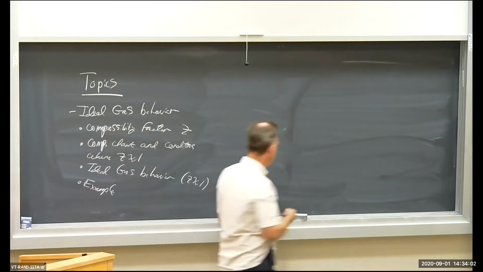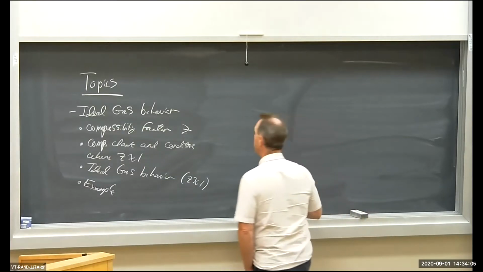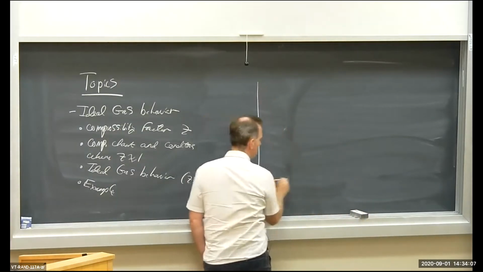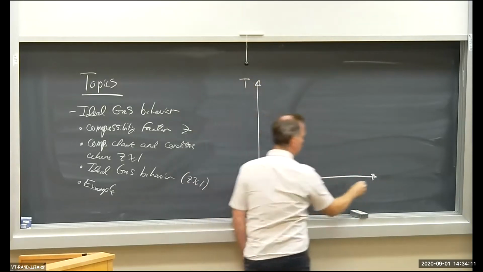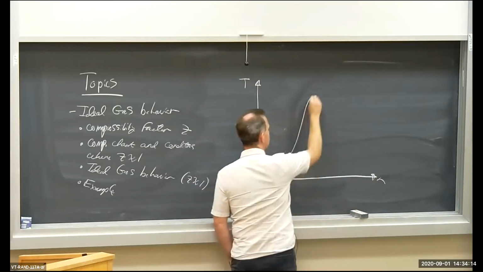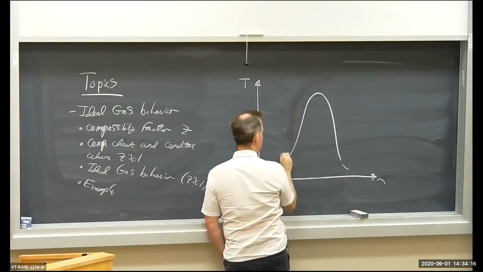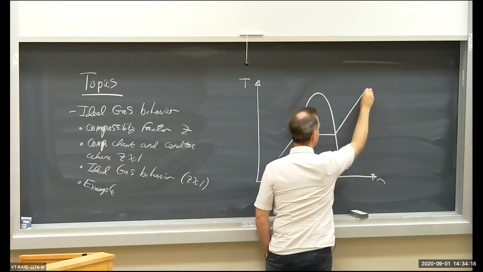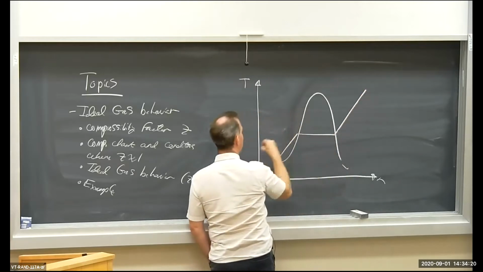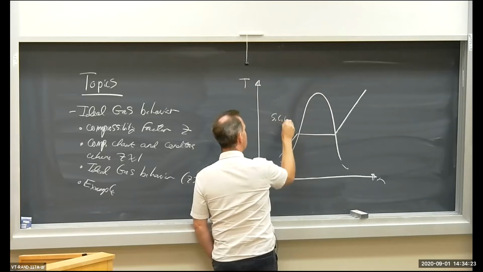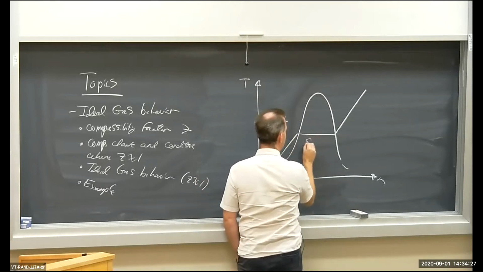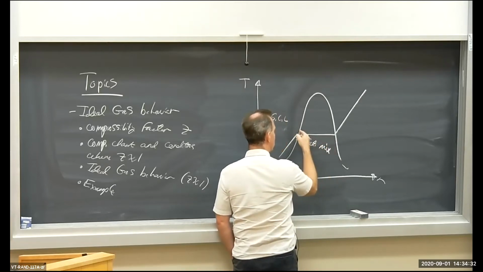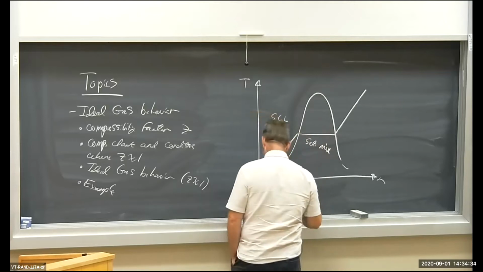So why don't we get started by reviewing what we did for the last couple of days very quickly. We have temperature, specific volume, we have the saturation dome. Here is an isobar. Here we have supercooled liquid, SCL. And then here we have saturated mix inside the dome, saturated liquid and saturated vapor on either side of the dome.